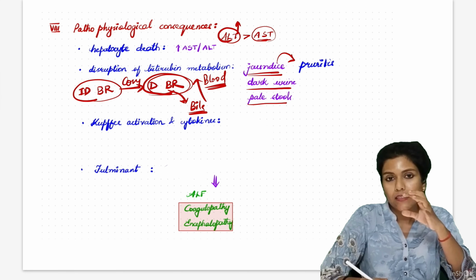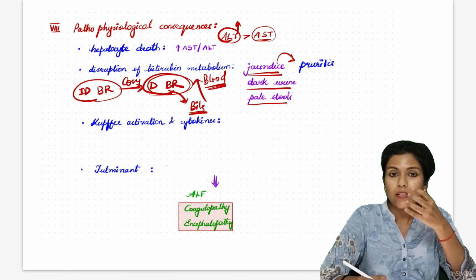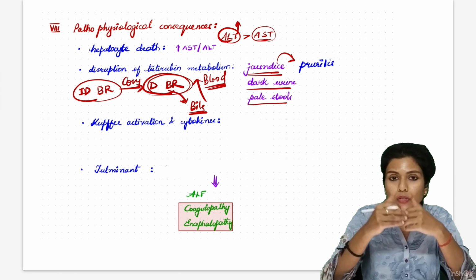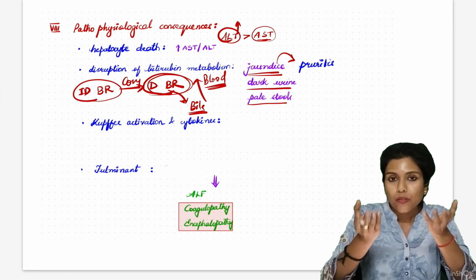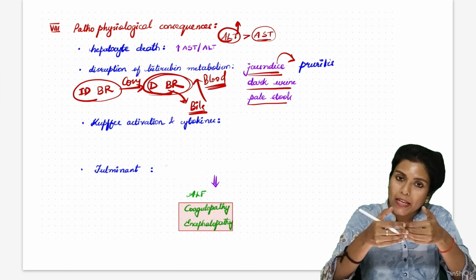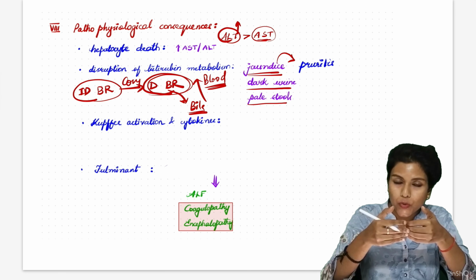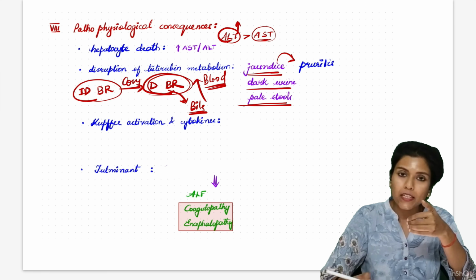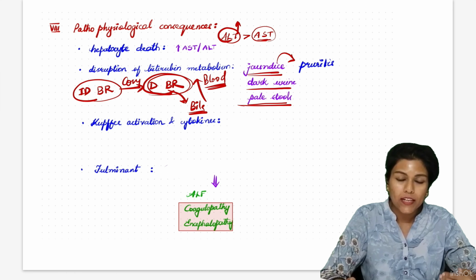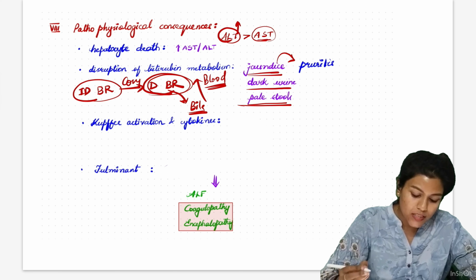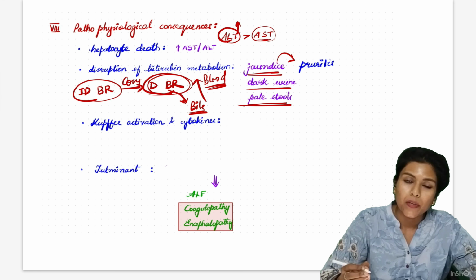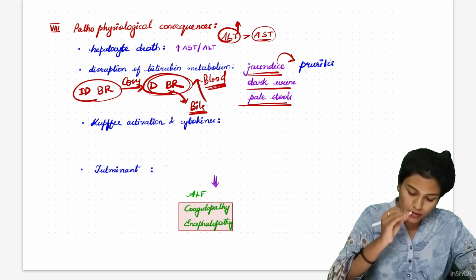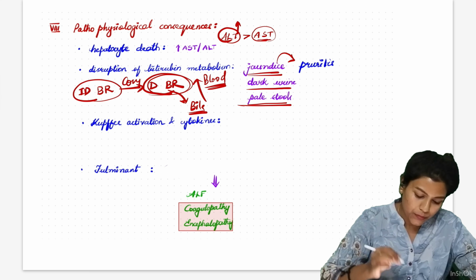So the intestine does not receive bilirubin in quantities enough to produce stercobilin. Absence of stercobilinogen will cause pale stools or clay colored stools. This is the reason behind the pale stools, dark urine, and jaundice. Hepatocyte dysfunction causes all this disruption of bilirubin metabolism.